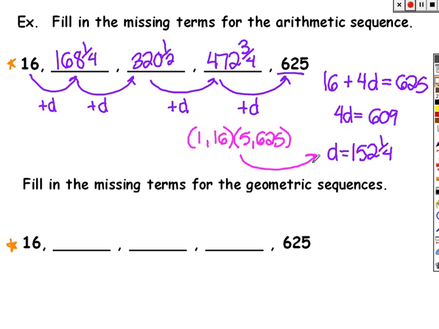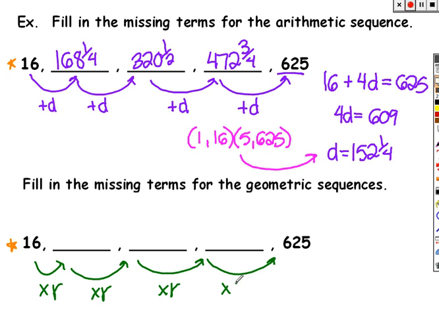If I want to make this a geometric sequence, I might follow a similar train of thought, but I want to multiply by some value repeatedly. So now my equation would look like, well, I'm starting at 16, and I'm multiplying by some constant ratio 4 times, and that should give me 625.